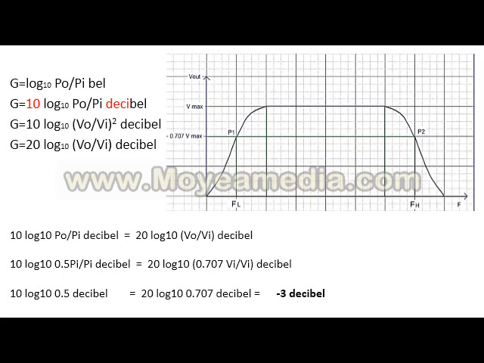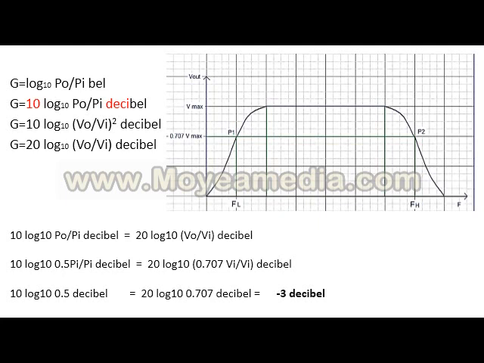Half power point is also known as the point at which the output voltage is 0.707 times the maximum voltage. The maximum voltage is the input voltage itself. That's why we have taken the equation 20 log 0.707 VA divided by VA decibel.